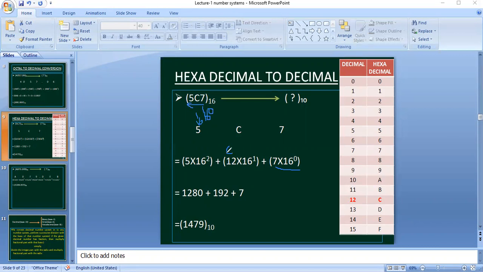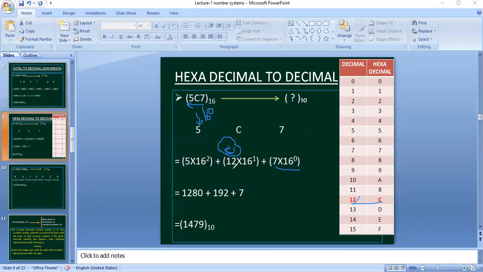Okay. See here, C is a hexadecimal digit. So what is the decimal equivalent? You need to convert this into decimal now. You have to replace that alphabet by its decimal equivalent. For C, the decimal equivalent is 12. So you have to replace C with 12.